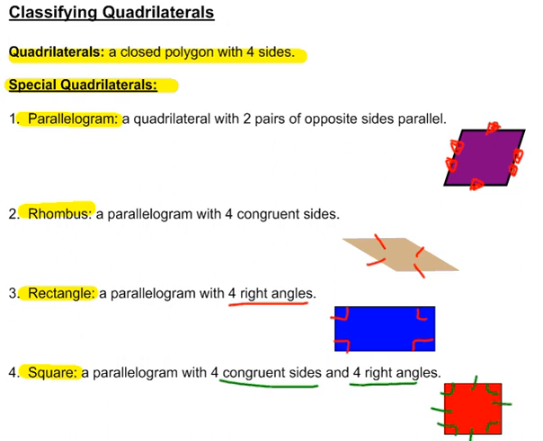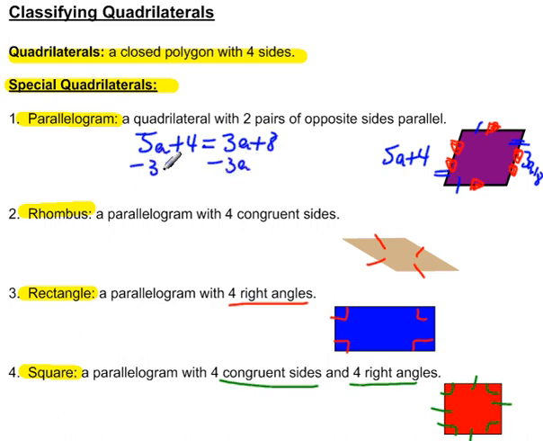Okay, we'll roll back up to our parallelogram. Now, we said that opposite sides are parallel. Well, opposite sides are also congruent. So that means this side is congruent to this side, and this side is congruent to this side. So if we say that the left-hand side is 5a plus 4, and the right-hand side is 3a plus 8, and we know that they're congruent, then we can say that 5a plus 4 is equal to 3a plus 8.